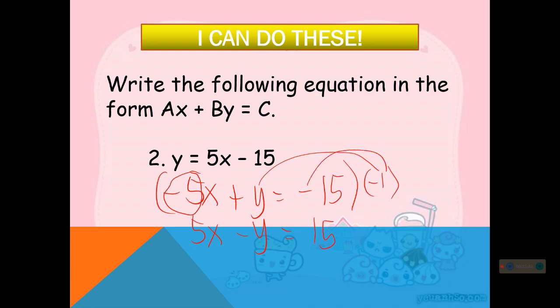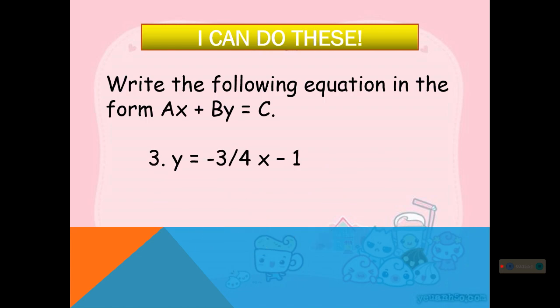So the standard form is 5x minus y equals 15. I hope you got it. And for the last, we have here y equals negative 3/4 x minus 1. So we have here positive 3/4 x plus y equals negative 1.